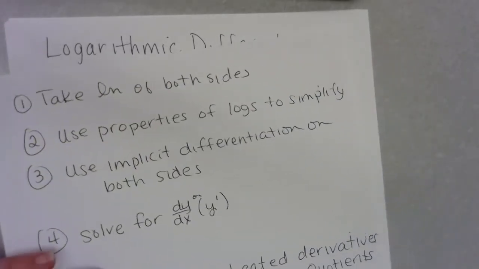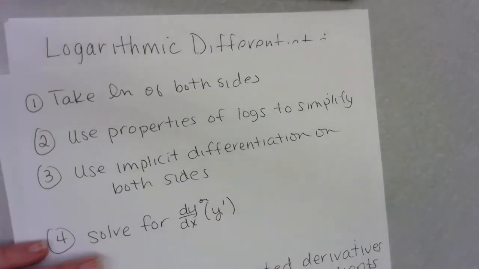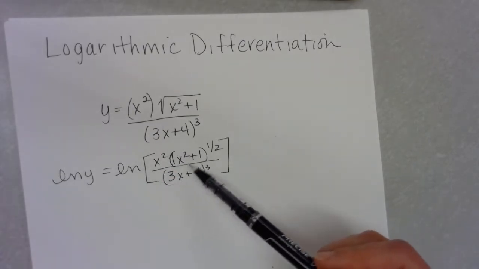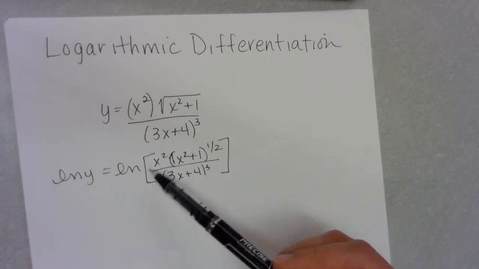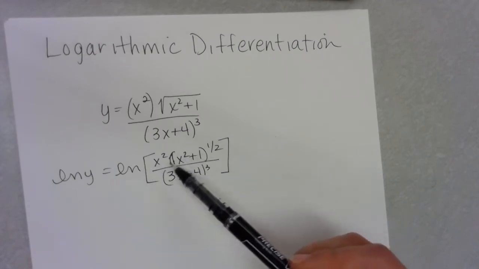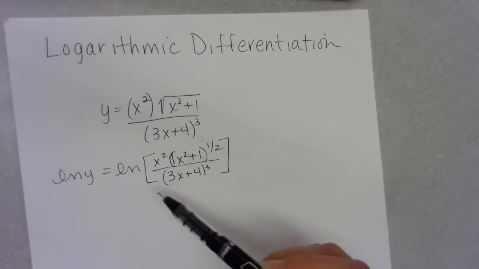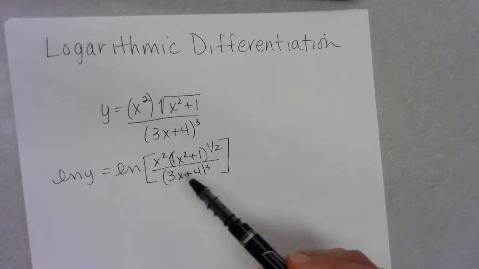Then our next step is to use the properties of a log to simplify it. So basically we're going to expand them. There's a product rule that says if I have things multiplied together, then I can write them as the natural log of this plus the natural log of this. And if I'm dividing, then I can subtract. It would be the natural log of all of this minus the natural log of this.